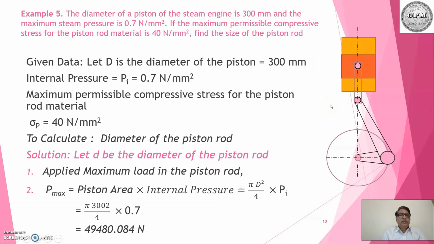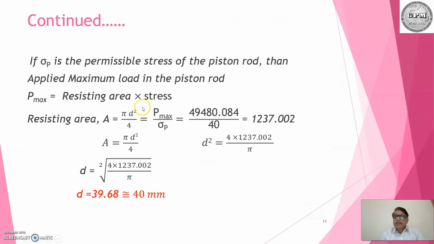So the resisting area is P maximum, that is the load on the piston, divided by the permissible stress of the piston rod. With that we can get the area, and since this part you know, you can find the diameter.